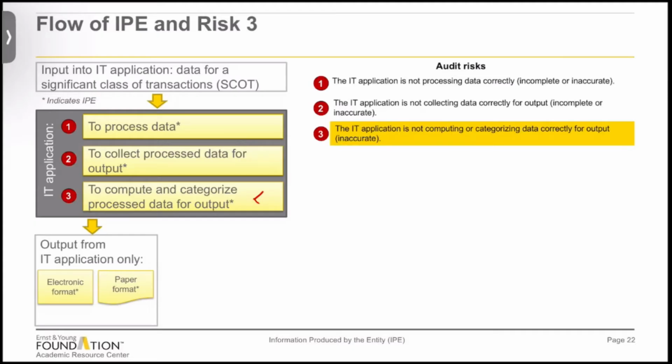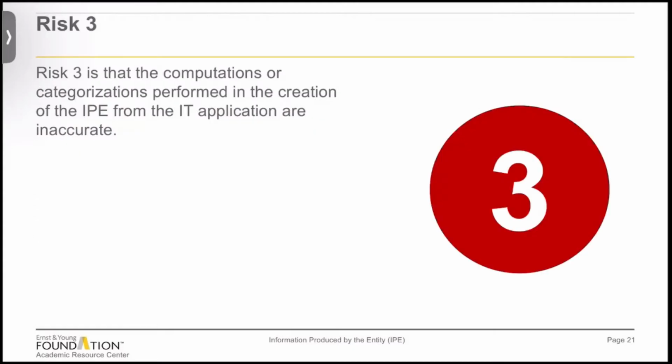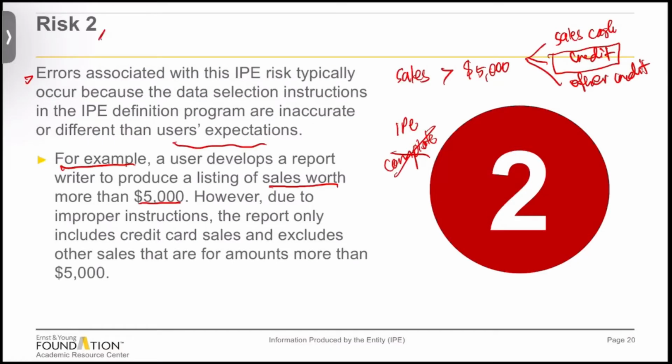You might ask, no, how does this differ from the second risk where one of the categories has not been included? Okay, so risk 2 precisely deals with the fact that the item has been omitted from the whole report.